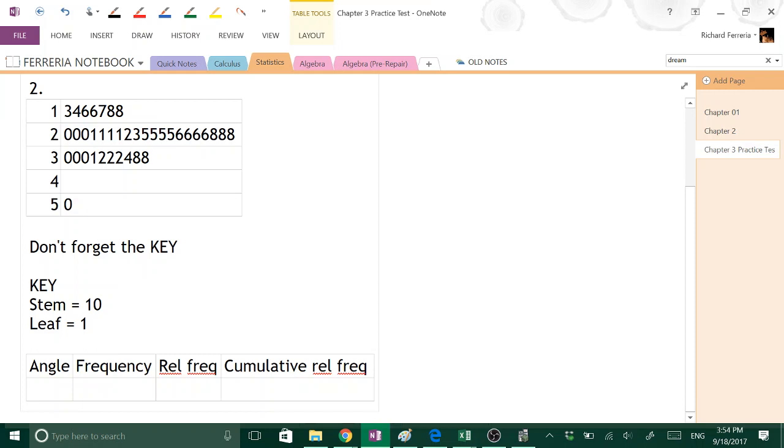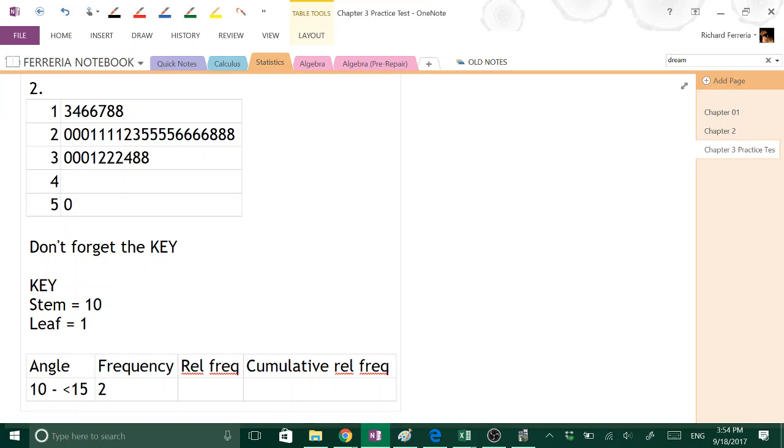What was our smallest? Smallest was 13, right? So the first one starts at 10 and goes to less than 15. And that's just 2, the 13 and the 14.